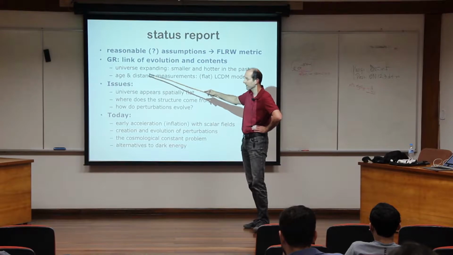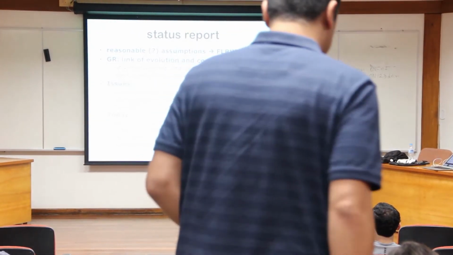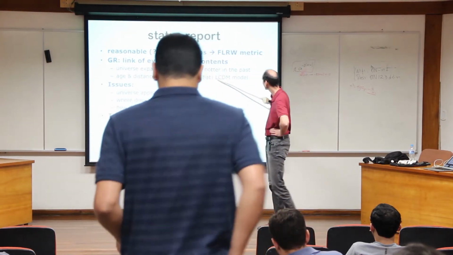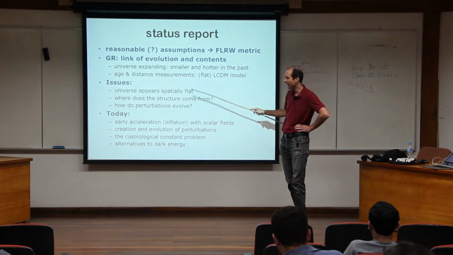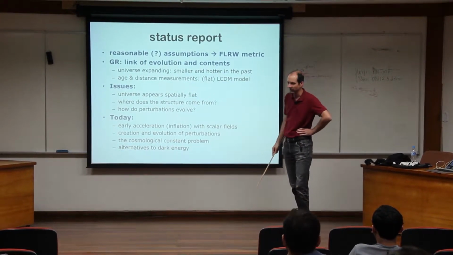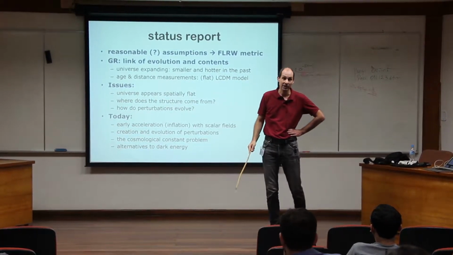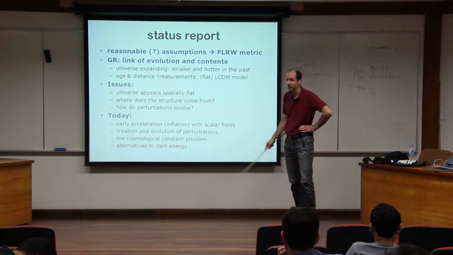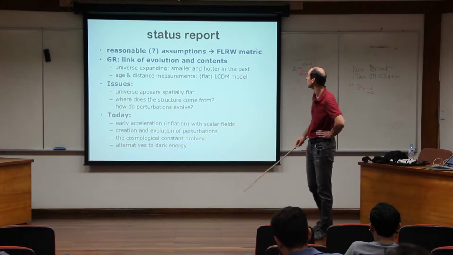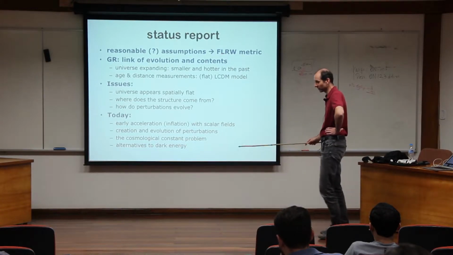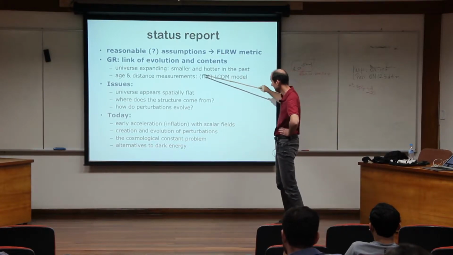With age measurements, we found some suspicious numbers. And with distance measurements, we found that we need not only matter, but also something to make the universe accelerate. For that, we use the cosmological constant lambda that we introduced earlier, based on Einstein's recommendations.